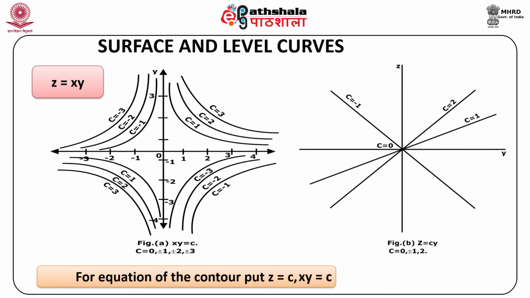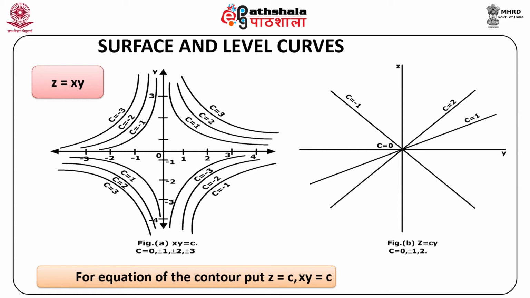An important application of a contour map is to graphically determine whether a given equation represents a function or not. If two or more contours intersect each other at a point, say x0, y0, this means that more than one value of z corresponds to x0, y0.